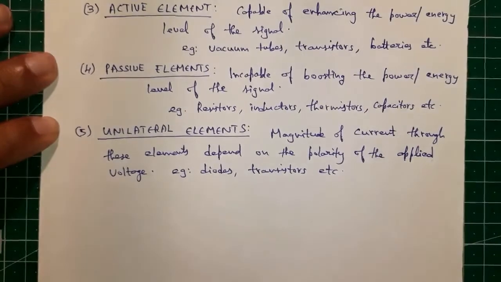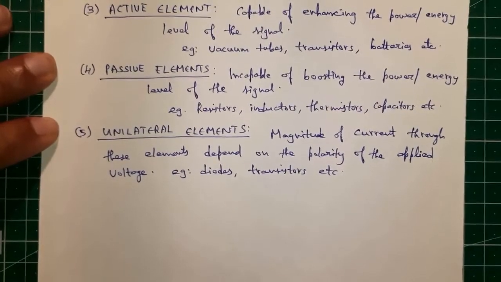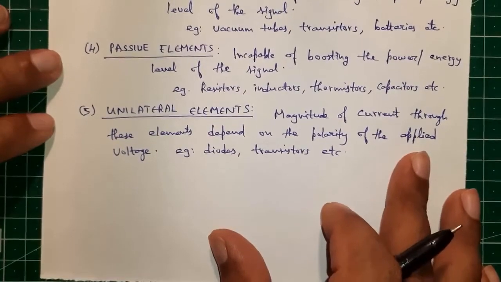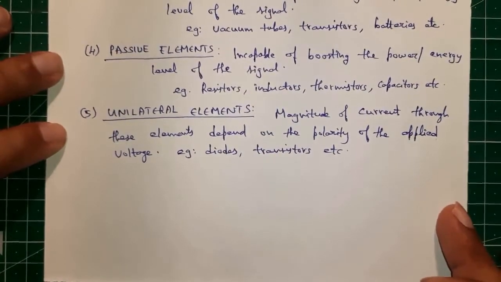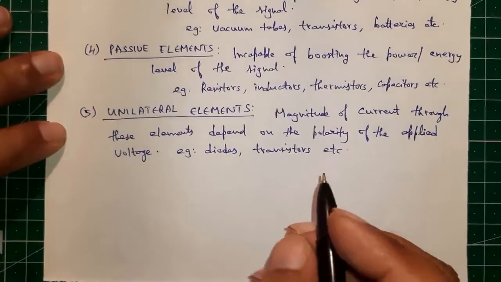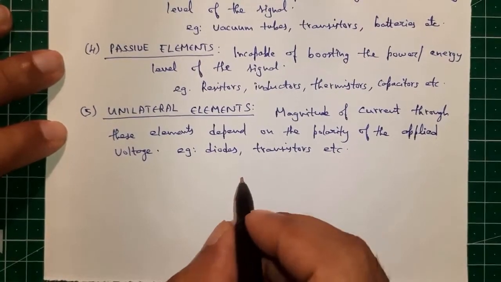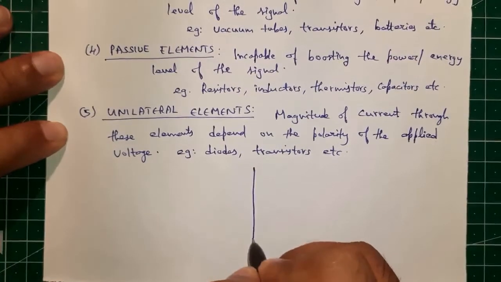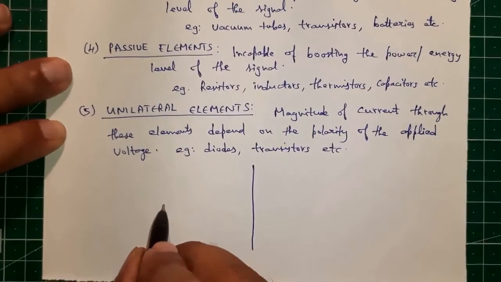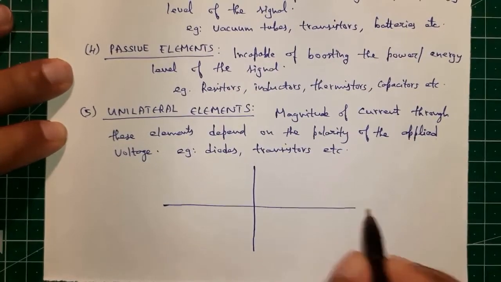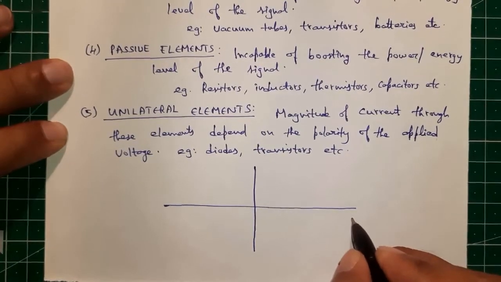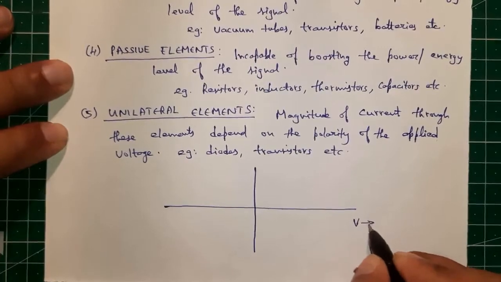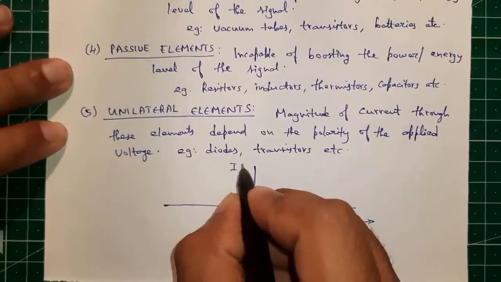So what is the meaning of this? We'll take the case of a diode. A simple example of a unilateral element. In an earlier course you must have studied the forward bias and the reverse bias characteristics of a p-n junction diode.